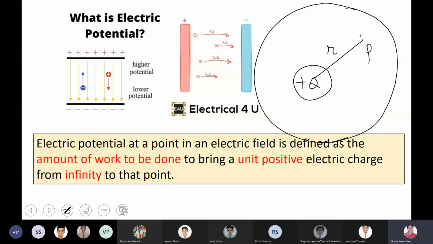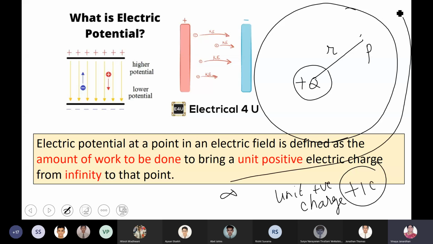How will I find it? Let me imagine a charge of 1 coulomb. 1 coulomb means what? Unit positive charge. Now this charge is placed at infinity. The work you do in bringing this charge from infinity to P. Why should you do work?